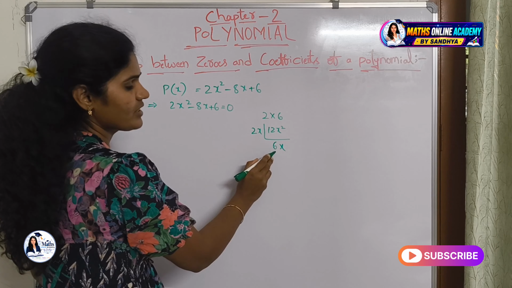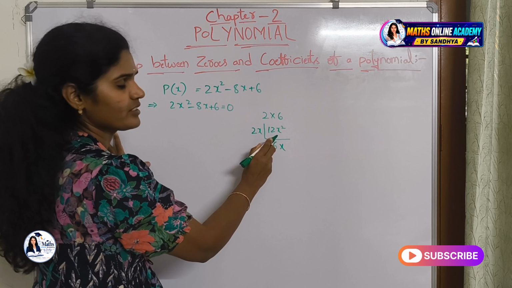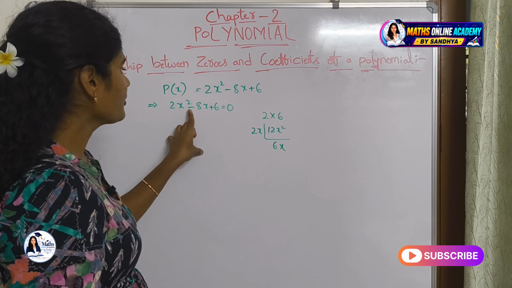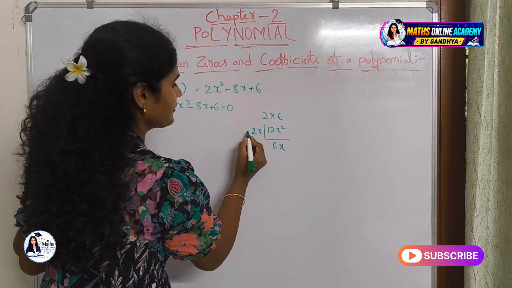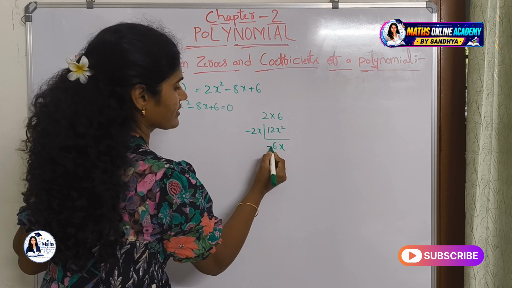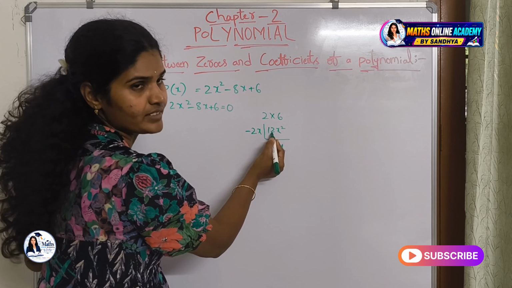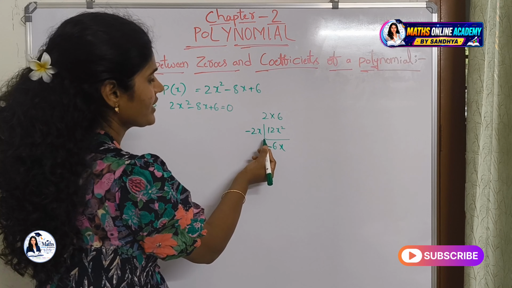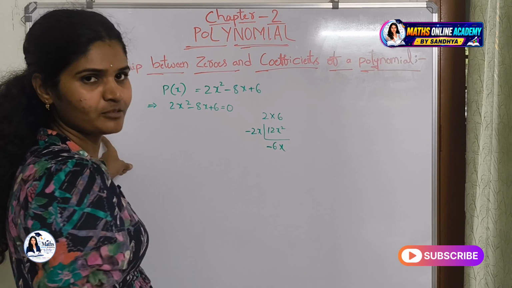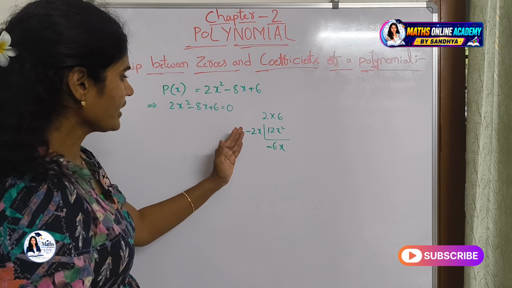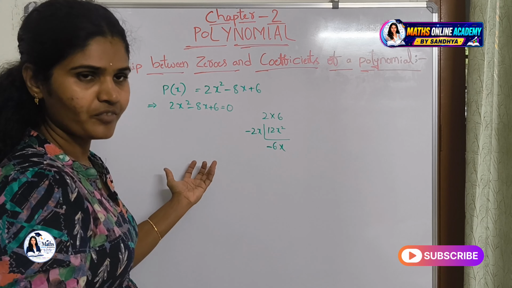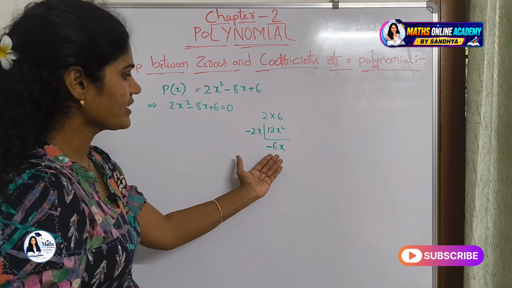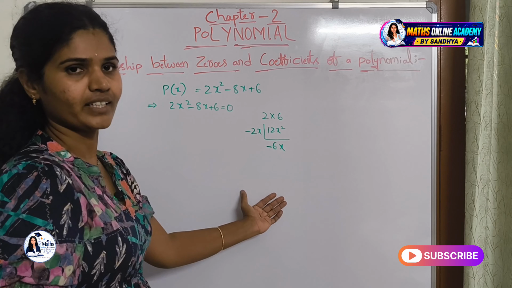So 2 into 6 is 12x square. And here what do we get? Minus 8x. If you take minus into minus, plus. And again minus 2x plus minus 6x means minus 8x. Okay, for this simplification, minus 2x and minus 6x are the perfect factors.